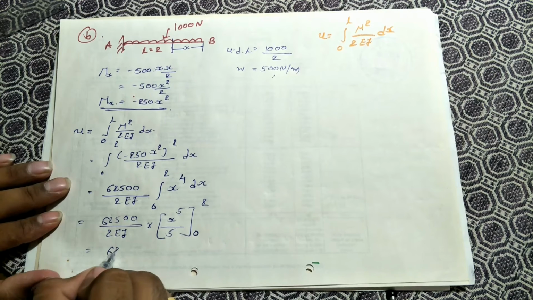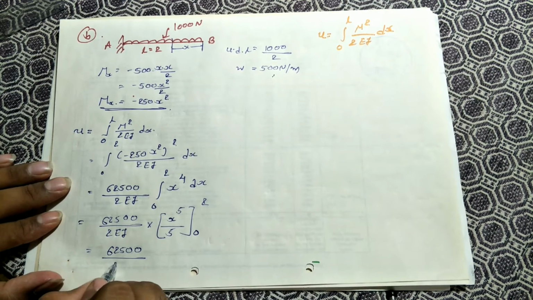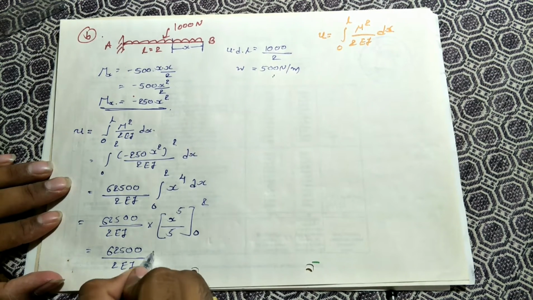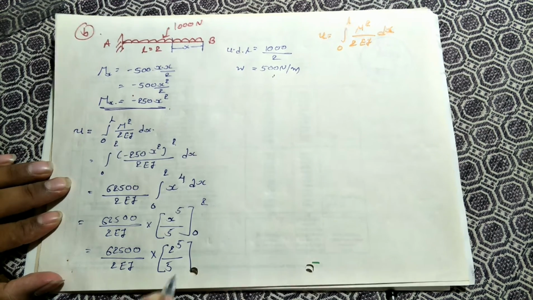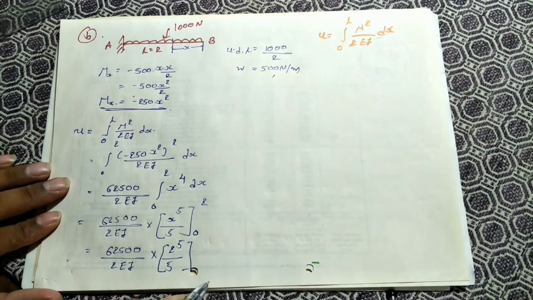So this is again 62500 divided by 2EI into 2 raised to 5 divided by 5.